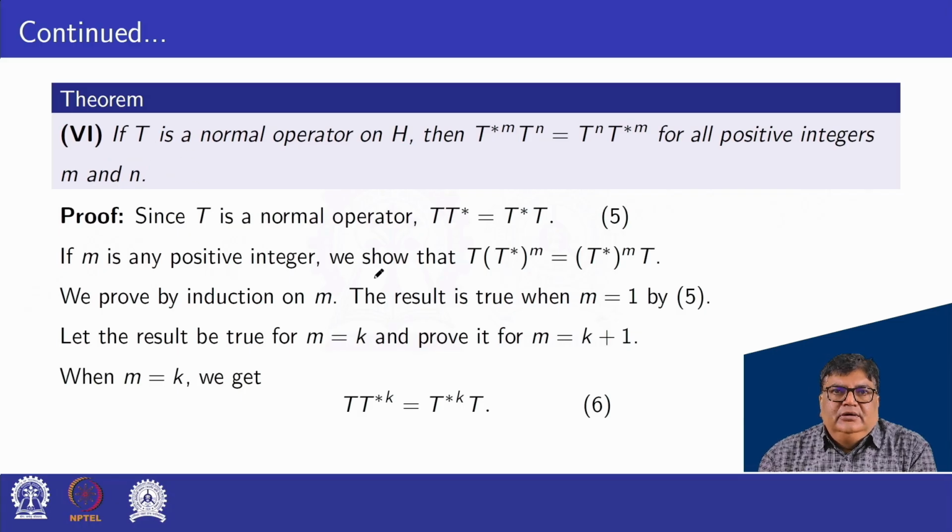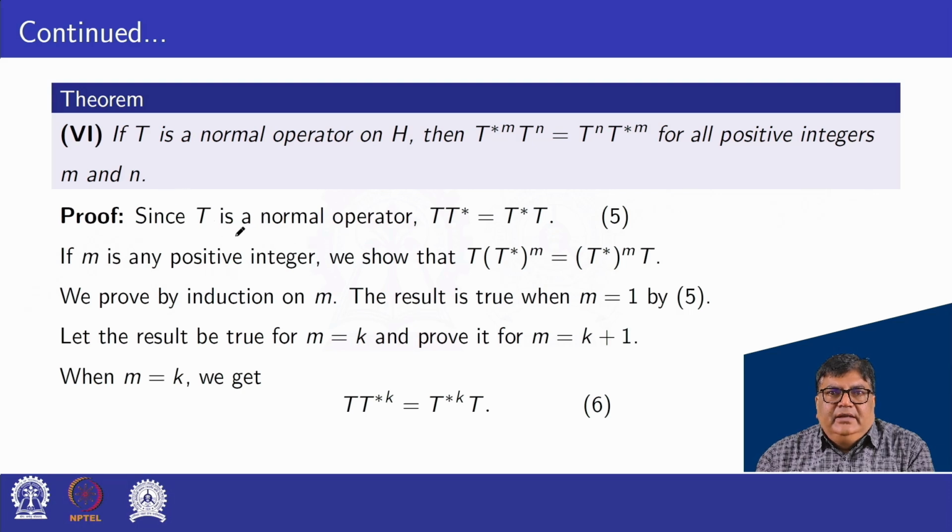Next theorem. If T is a normal operator on H, then T*^m T^n, that is the m-th power of T* into the n-th power of T, equals T^n T*^m, that is the n-th power of T into the m-th power of T*, for all positive integers m and n.